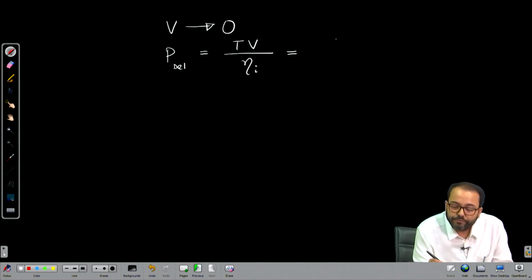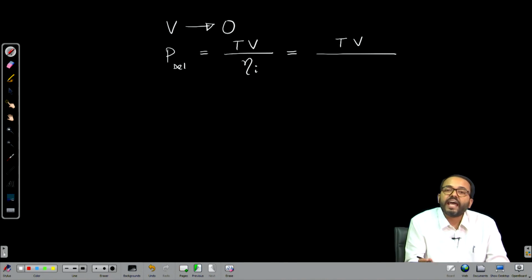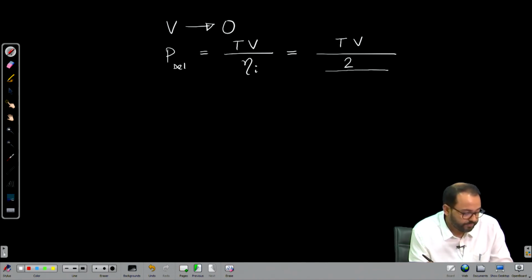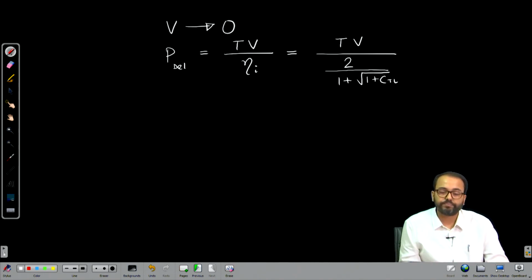Now, if we write this eta I as a function of CTL, the thrust loading coefficient, what will it be? It is 2 by 1 plus root over of 1 plus CTL. Okay.